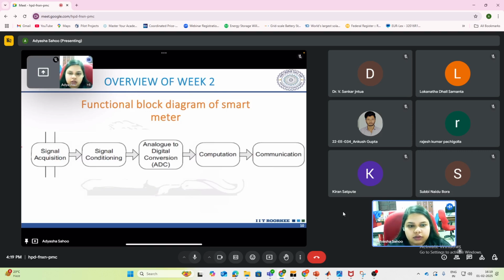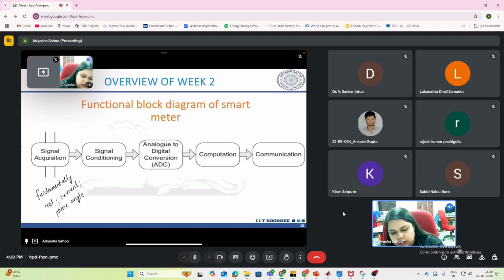Then the next thing that we had was a smart meter. So again here, similarly, the working of a smart meter is discussed. Firstly, the signal acquisition: what we are measuring here is fundamentally voltage, current, and the phase angle.